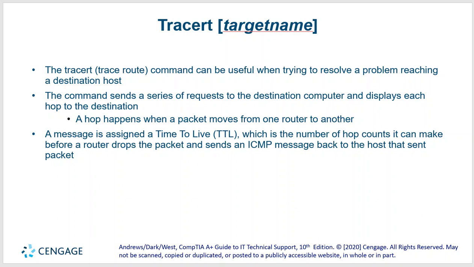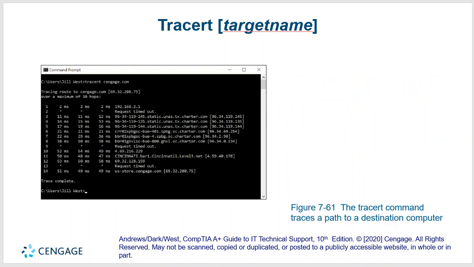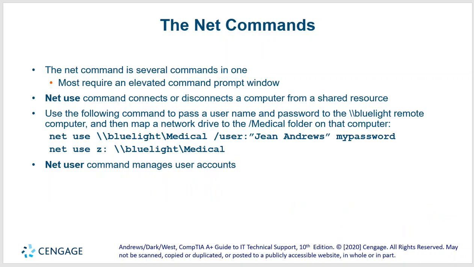So if you send a ping out and it's not working, you can then check all the hops, so to speak, along the way until you get to your destination and find out where that issue is. So let's have a look. Right, so we're getting some information here and then requests being timed out, and so you can use that to measure.